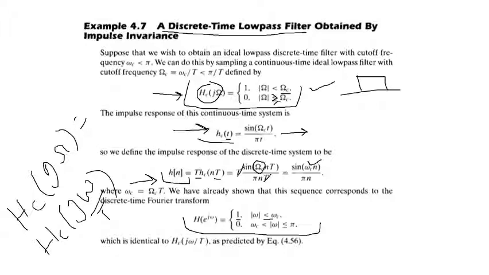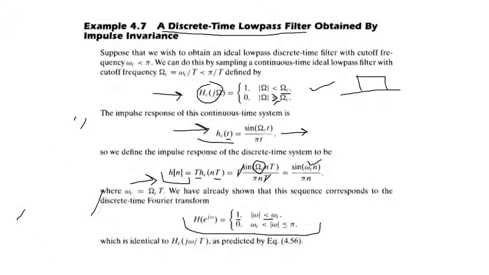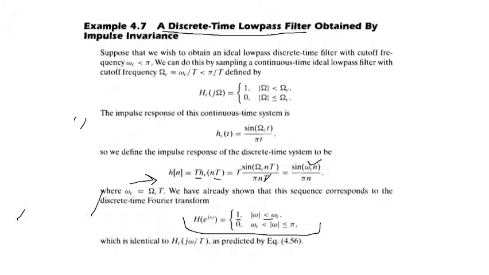So the only thing shown here is that you are provided with the continuous time frequency response. We obtained the impulse response, then using the impulse invariant property we obtained the discrete time impulse response, and then we took the inverse Fourier transform to show you the frequency response.